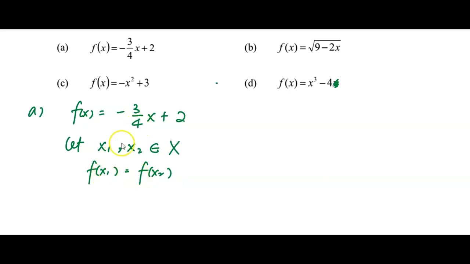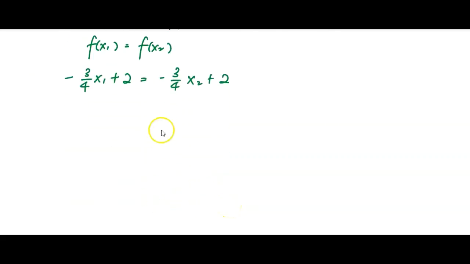So substitute x1 into f(x) for f(x1). You're putting x1 into the x here. You have negative 3 over 4 x1 plus 2. And for f(x2), I'm going to substitute x2 into the x here. You have negative 3 over 4 x2 plus 2. Then we try to simplify.